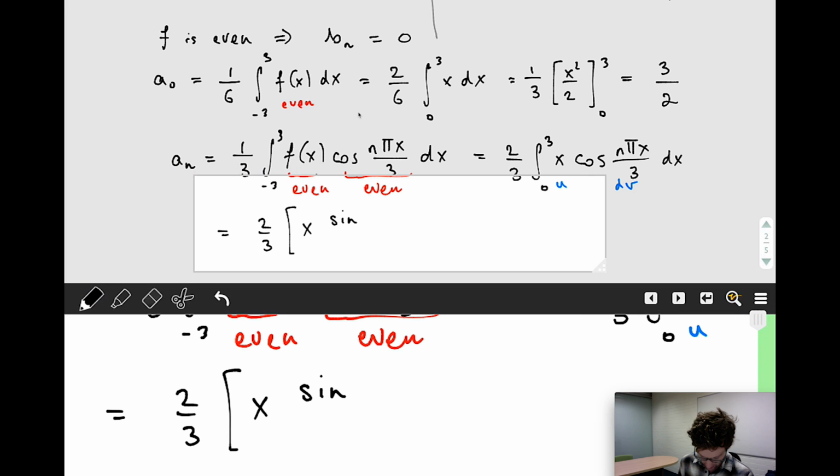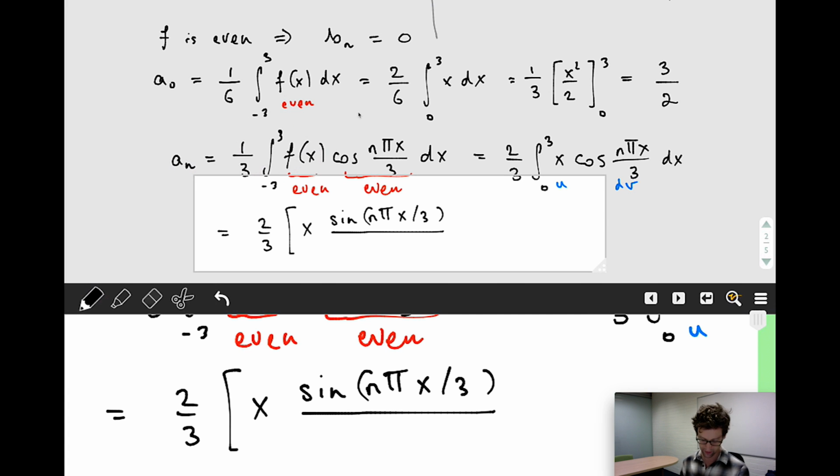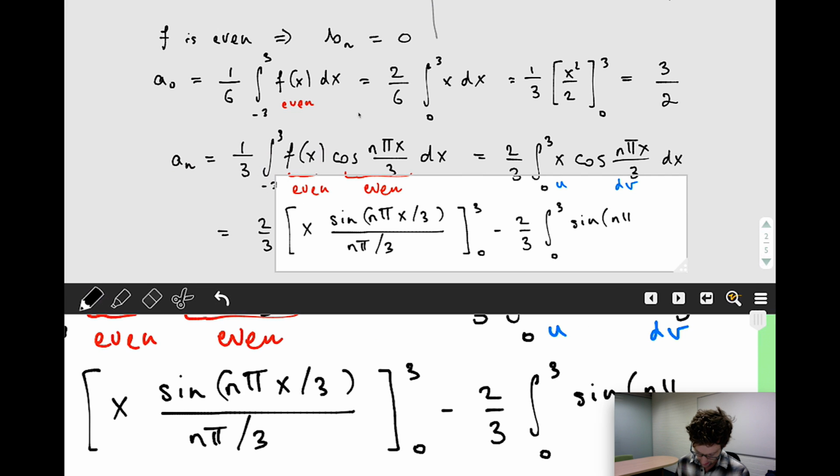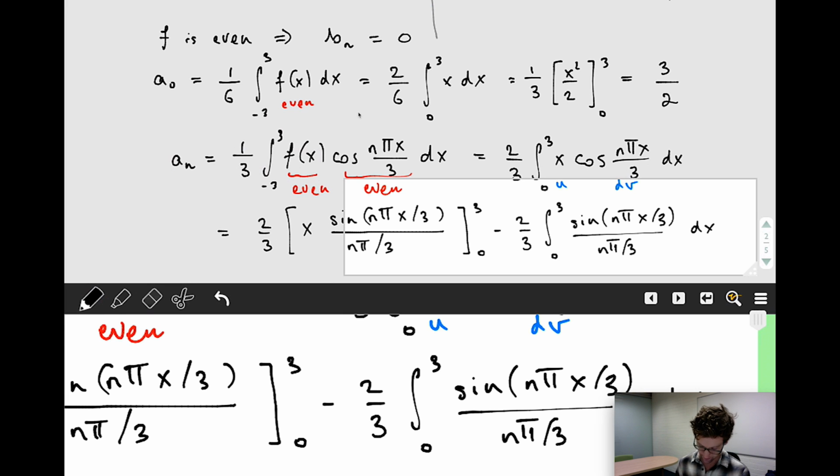So it's going to be sine n pi x divided by 3, in brackets, all divided by the thing multiplying x, so that was n pi divided by 3, going from 0 to 3. So that's uv. Now let's take a look at v du. So I've got the integral from 0 to 3 of v du. v is sine n pi x divided by 3 all over n pi divided by 3, and that's multiplied by du.